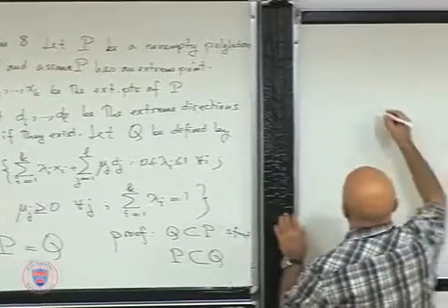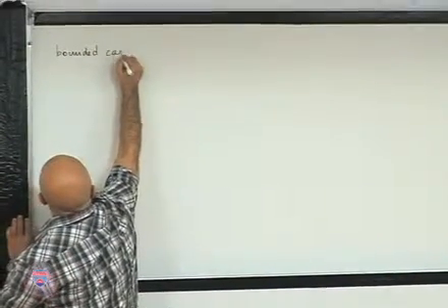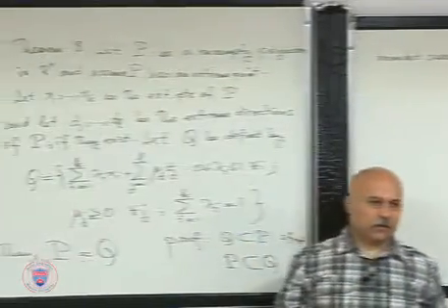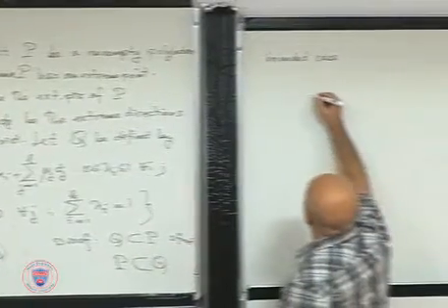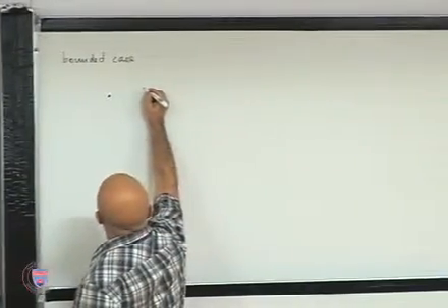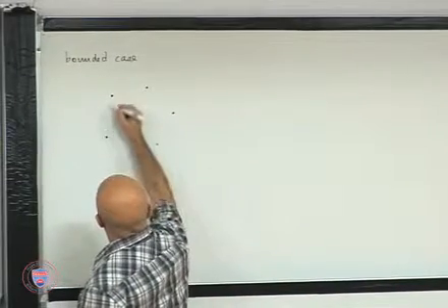Well, this is not an example proof, but you can think of it as an example proof for the bounded case first. In the bounded case, of course, there are no extreme directions, so we just drop that part out. In that case, you have a bunch of extreme points of a feasible set under consideration.